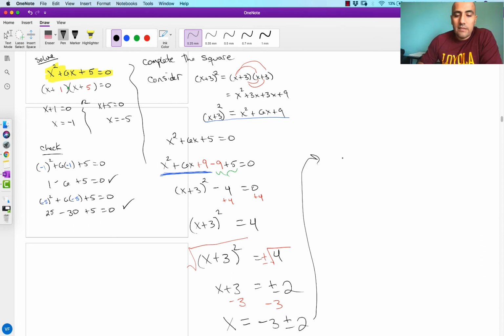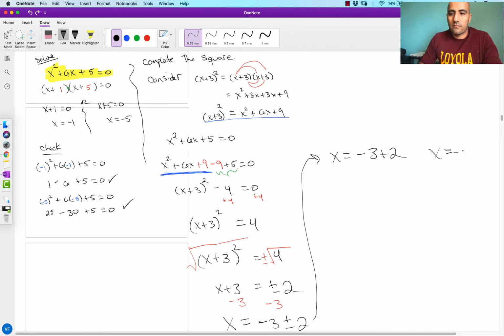Right, that leads to x equals negative 3 plus 2 as one of the answers, or x equals negative 3 minus 2.